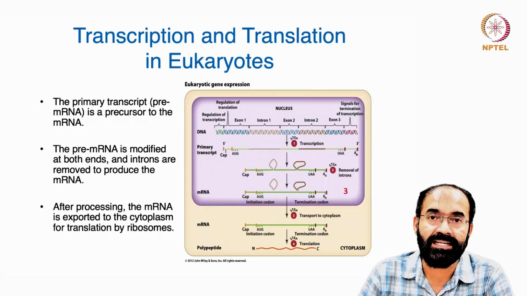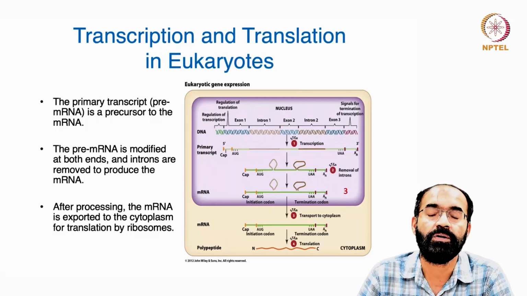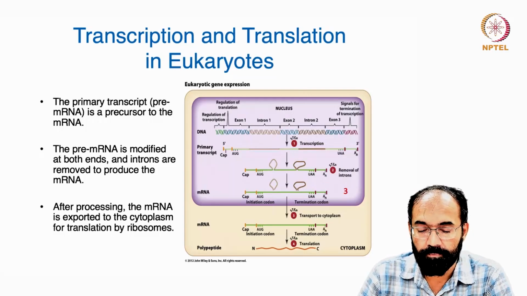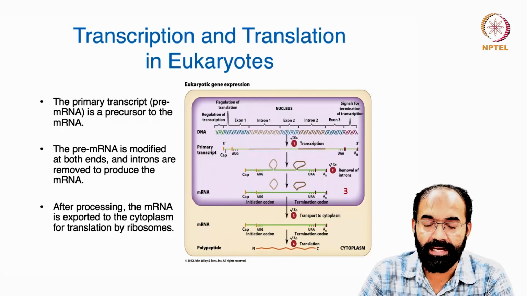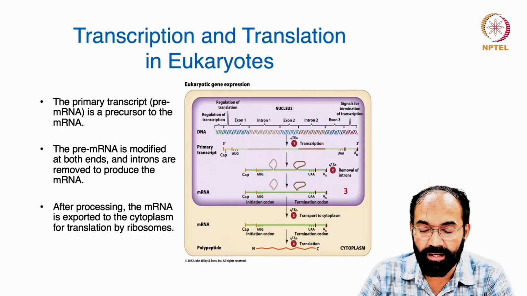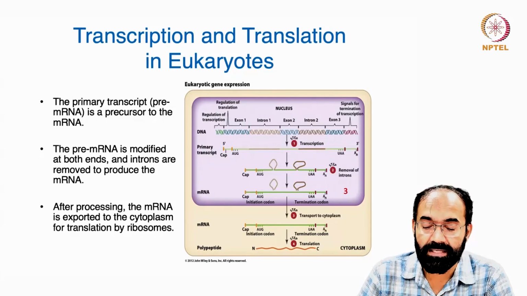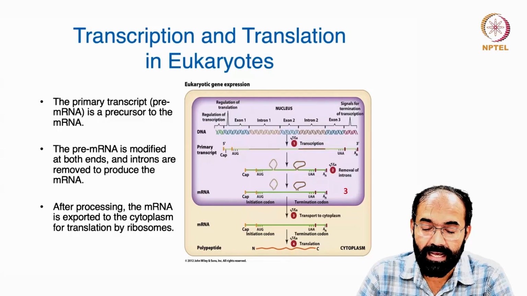Untranslated itself indicates that it is not translated, it is not getting coded for protein. So you have exon 1, exon 2, exon 3. In between you have intron 1, intron 2, which is present in between these exons. And when they are transcribed, both introns and exons are transcribed.